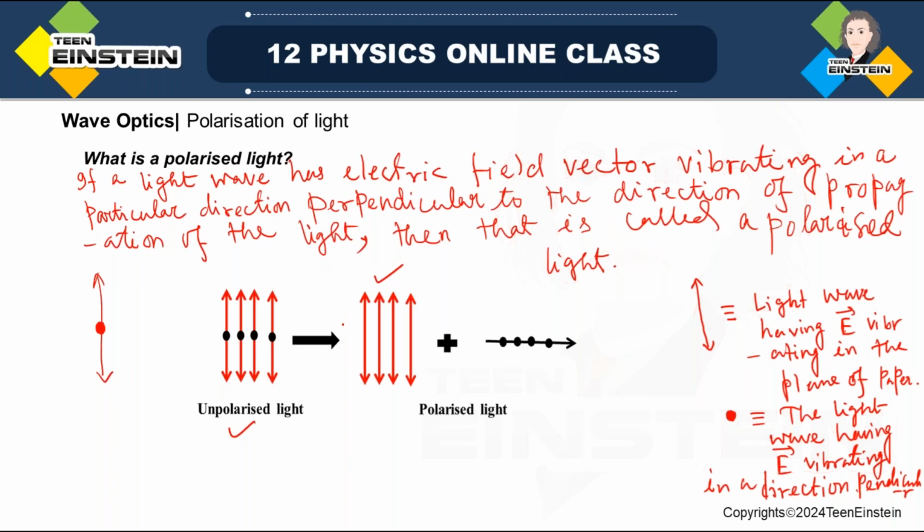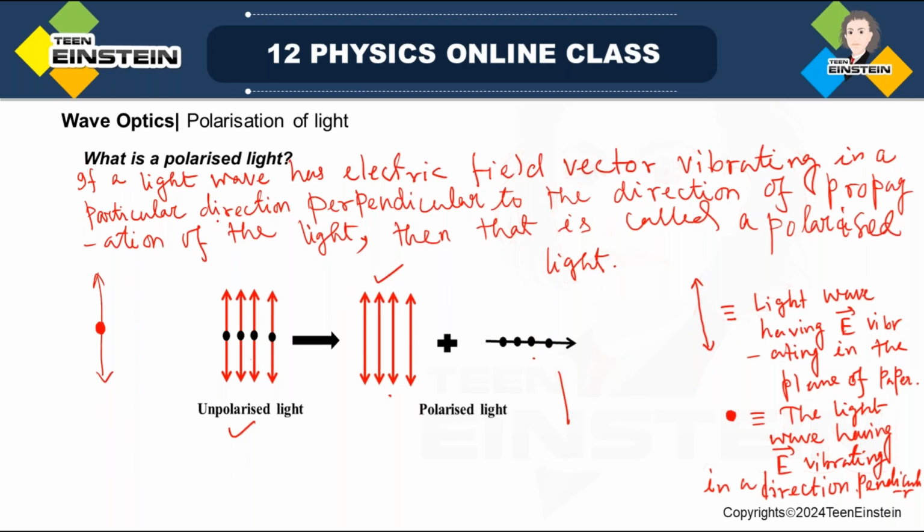These are called parallel components of the electric field vector and these are called perpendicular components. In combination this is unpolarized light. When they are separated, this is also polarized, this is also polarized. We'll discuss this when the situation comes.